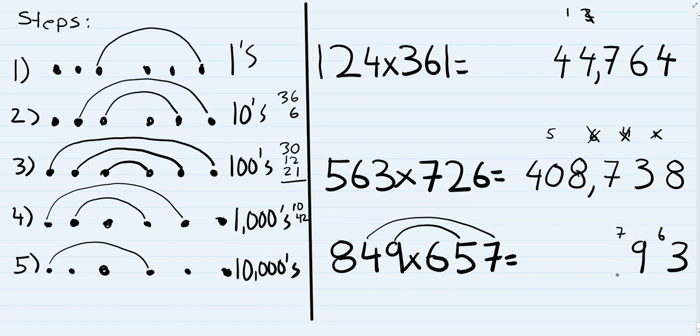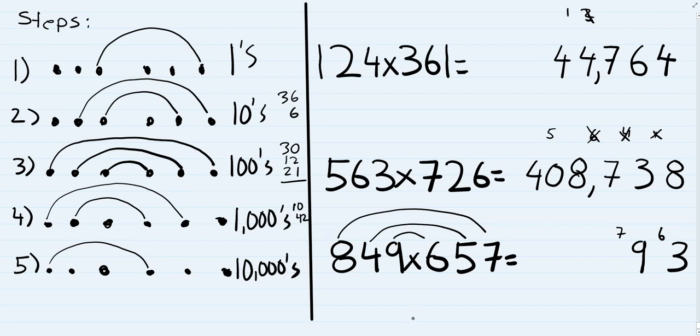Great, so now I'm at step 3. This is my ones, tens, hundreds. Okay, so I have 3 partial products at that step. So I have 8 times 7 is 56, right? 56 plus 4 times 5 is 20. So 56 plus 20 is 76, okay? And then I have 76 plus 9 times 6 is 54.